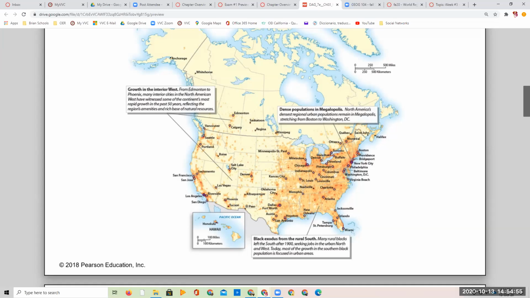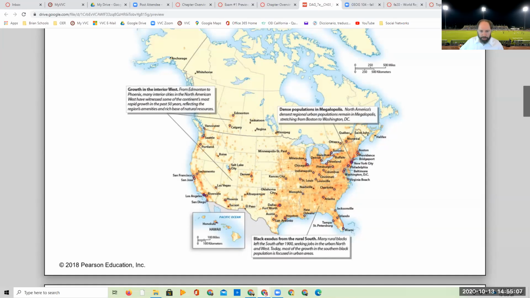South America. South America, they call that Latin America, right? Latin America starts pretty much at Los Angeles, Phoenix, El Paso, and San Antonio to the south, all the way down to Tierra del Fuego.